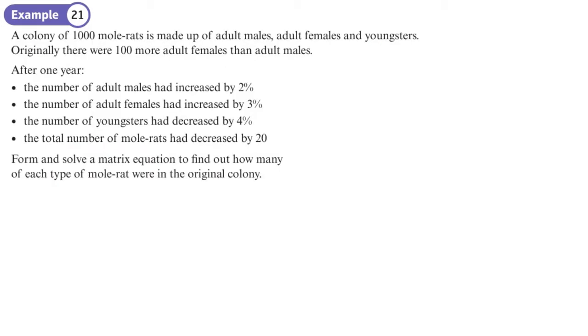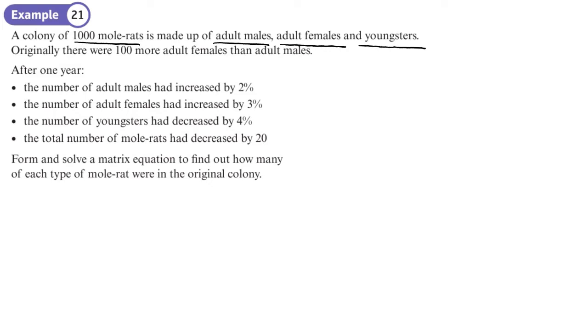Now sometimes you get questions like this where we need to create our own equations. So a colony of 1,000 mole rats is made up of adult males, adult females, and youngsters.